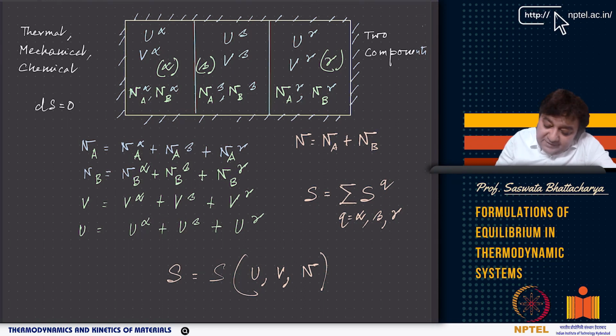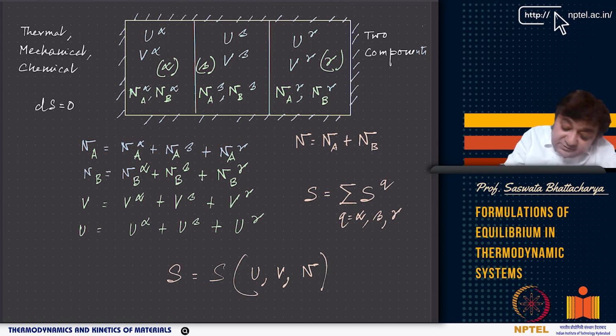Similarly, Na beta represents the mole number of A in beta, and Nb beta is the mole number of B in beta. Similarly, you have Na gamma, the mole number of A in gamma, and Nb gamma, the mole number of B in the gamma subsystem.